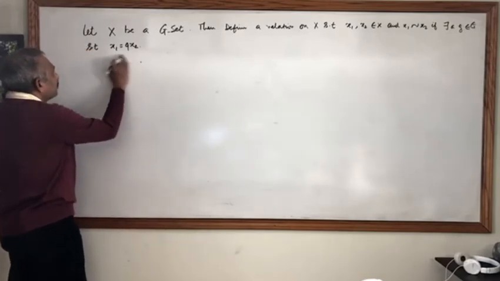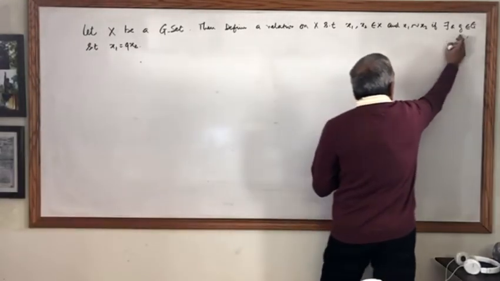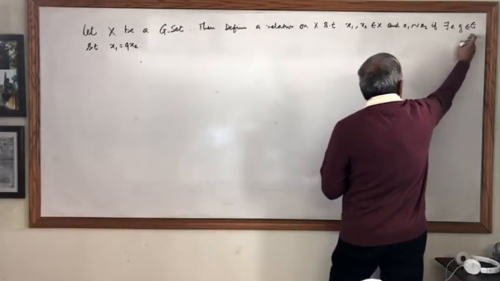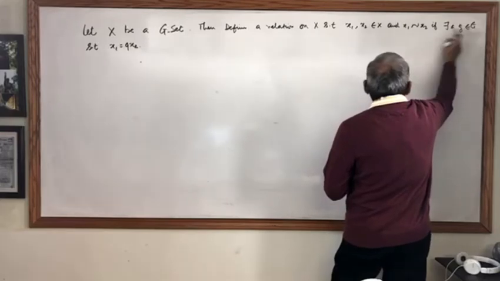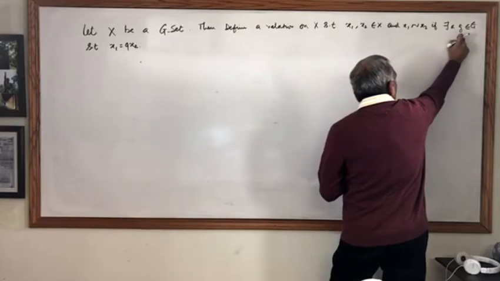That means these two elements can be related via an element in G. x2 can be reached from x1 via G.